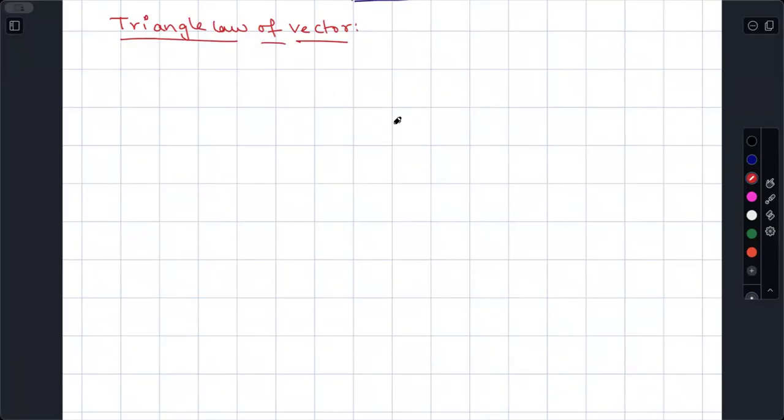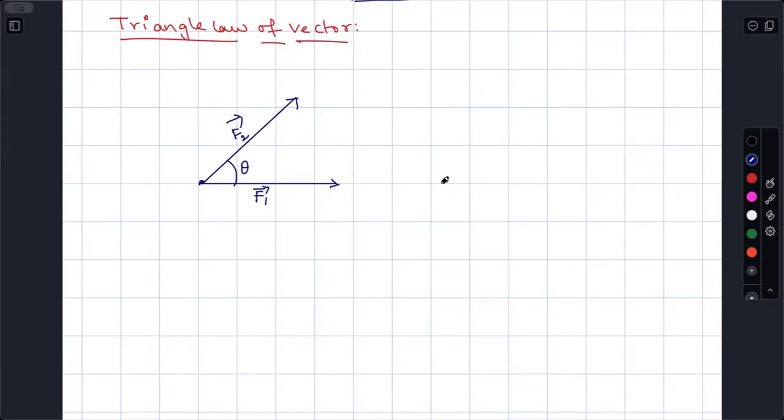This is a very simple logic. Now you see, same situation. For example, a body is simultaneously acted upon by two forces. One is F1 bar, the other is F2 bar, as in the previous situation, and that makes an angle theta with each other.